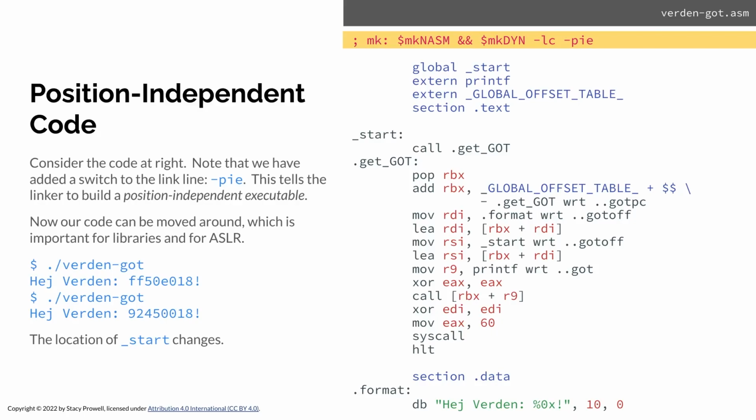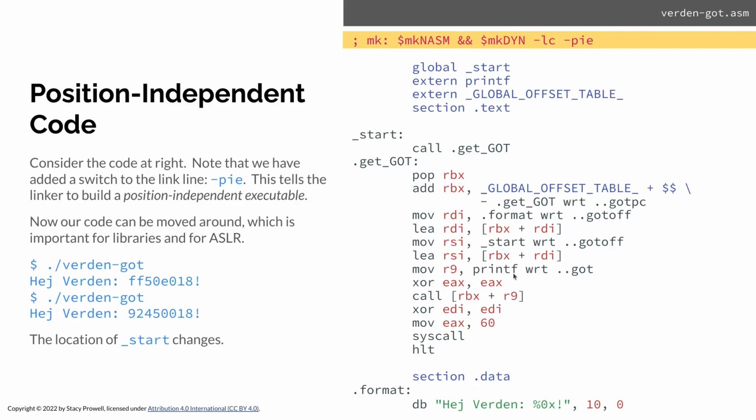So what we do is get the address of the GOT, get the format with respect to the GOT, get _start with respect to the GOT, and get printf with respect to the GOT. Once I have all that, I zero out EAX, and then I call RBX plus R9. What is that? That's printf.